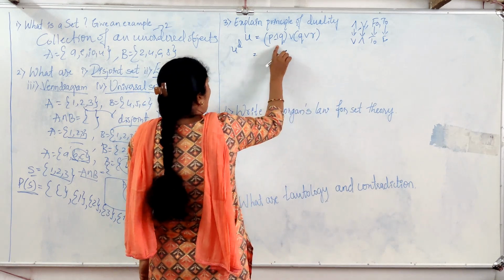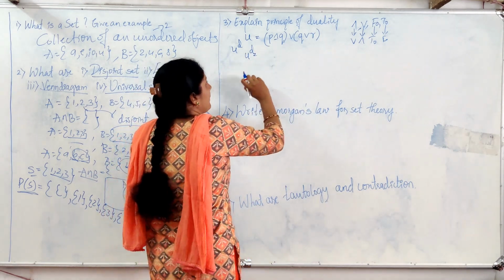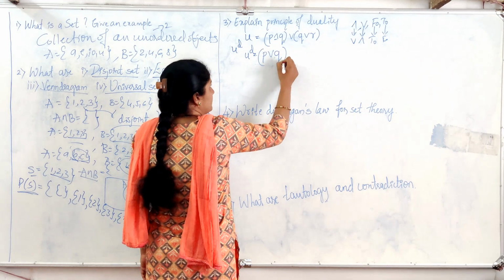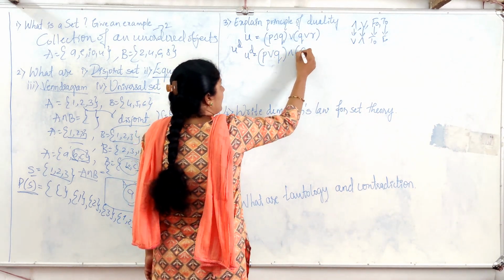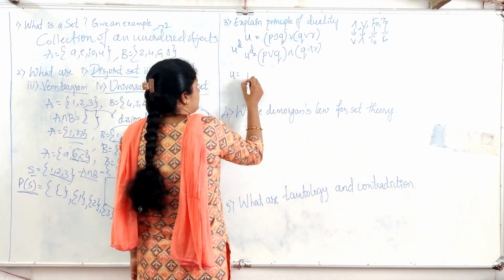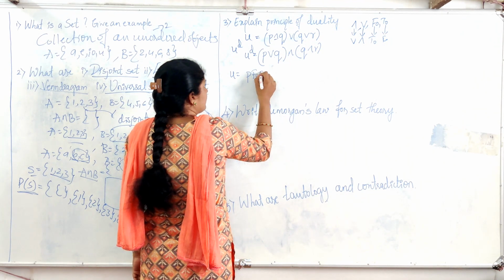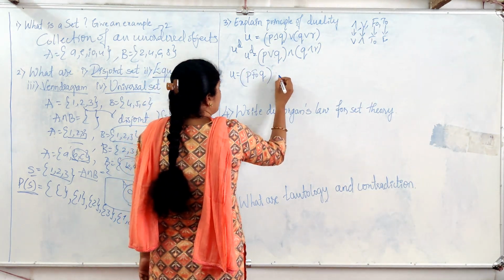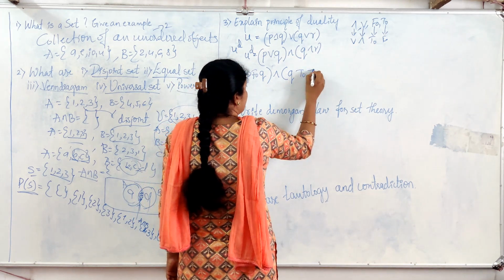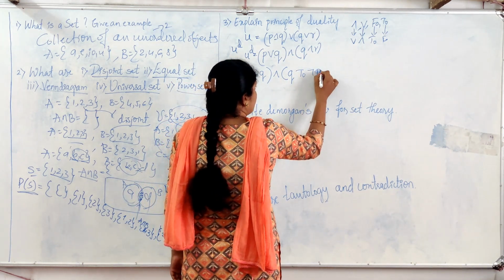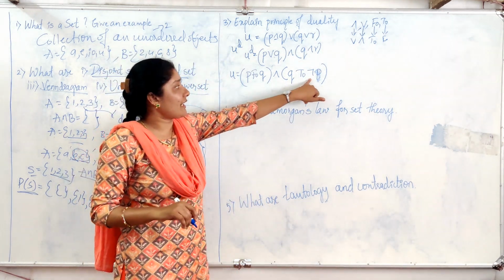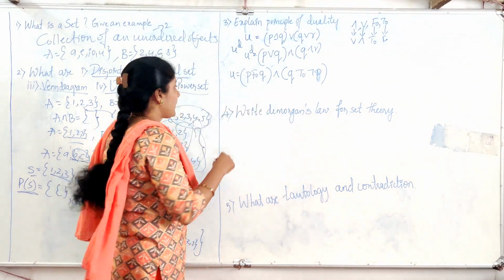See here, now how to write this? The duality of the compound proposition U will be: P and becomes or, Q or R becomes Q and R. Similarly, if U is P F0 Q and Q T0 negation of P, how to write its duality?